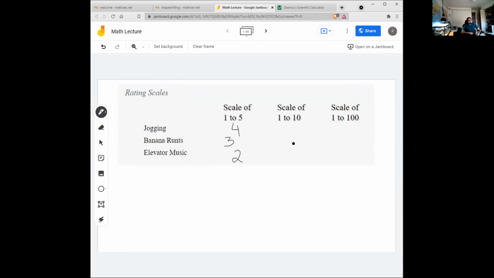Okay, if we changed things to a scale of 1 to 10, what should we do with these numbers? Are they just doubling, or do we have more refinement than that? Double. Everyone okay with that? How about a scale of 1 to 100? Now we have a lot more room for being specific in how much we like things.